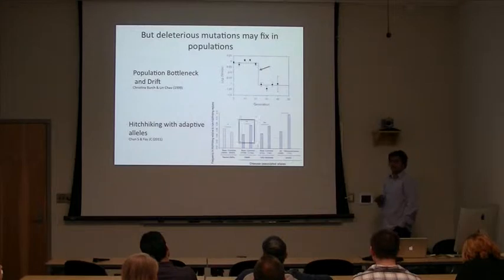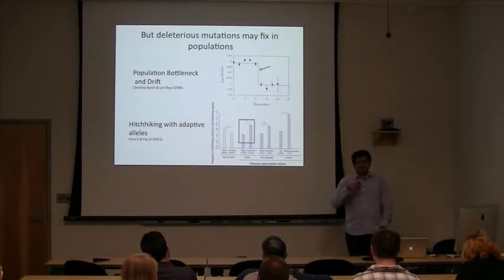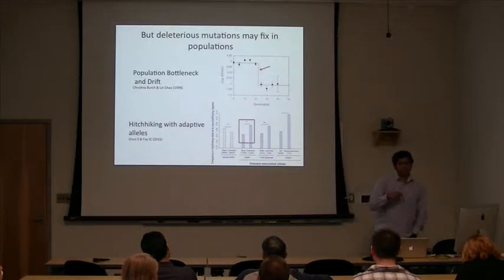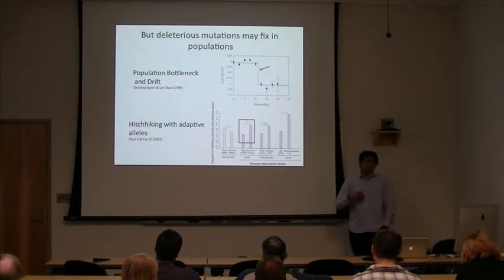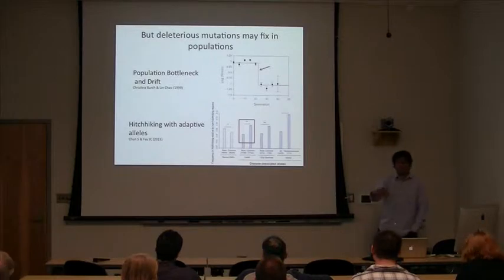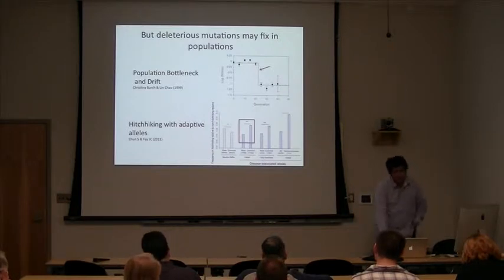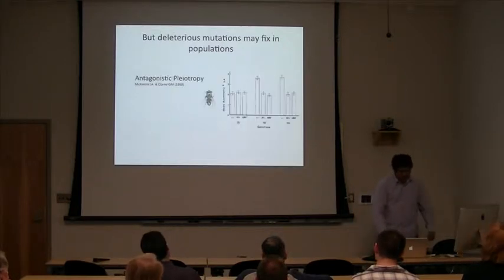Another study, when Chun and Fei were looking at frequency of mutations or alleles in hitchhiking versus non-hitchhiking regions, they found that disease-associated alleles tend to occur more frequently associated with hitchhiking regions. So hitchhiking with adaptive alleles can also cause fixation of deleterious mutations.